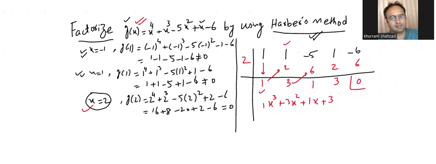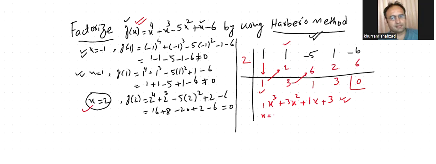So now we have to look for another number with which we can do synthetic division once more. Let me choose x equal to negative 3.